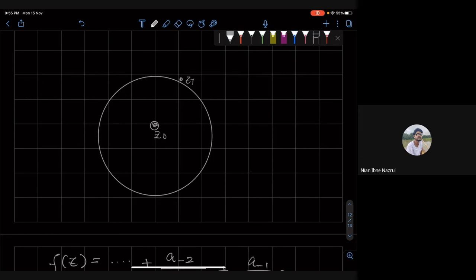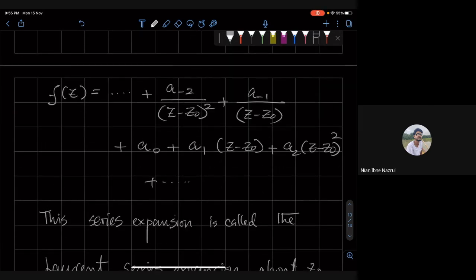Okay. So these are the coefficients. Of course, it's the negative power terms which blow up as z goes to z naught, right? The other terms go to 0, and this doesn't change.